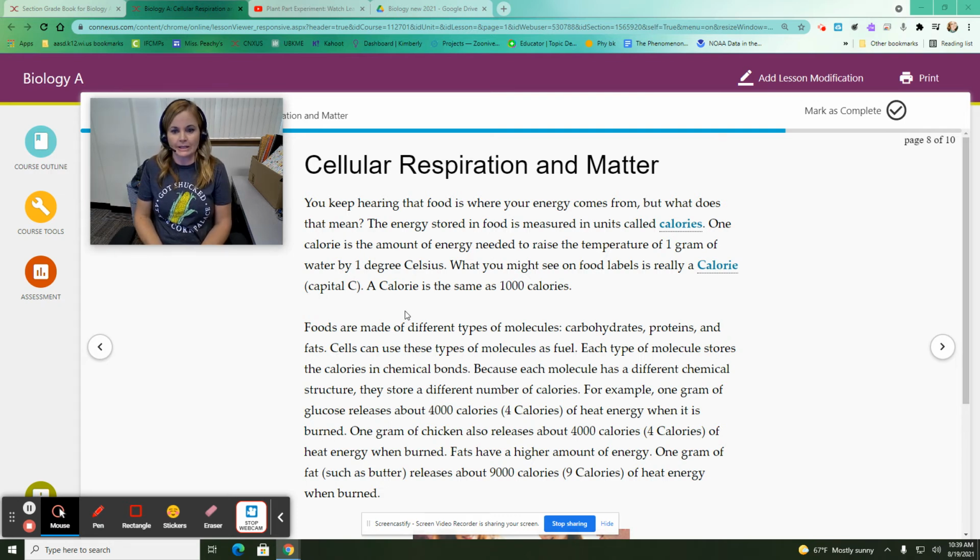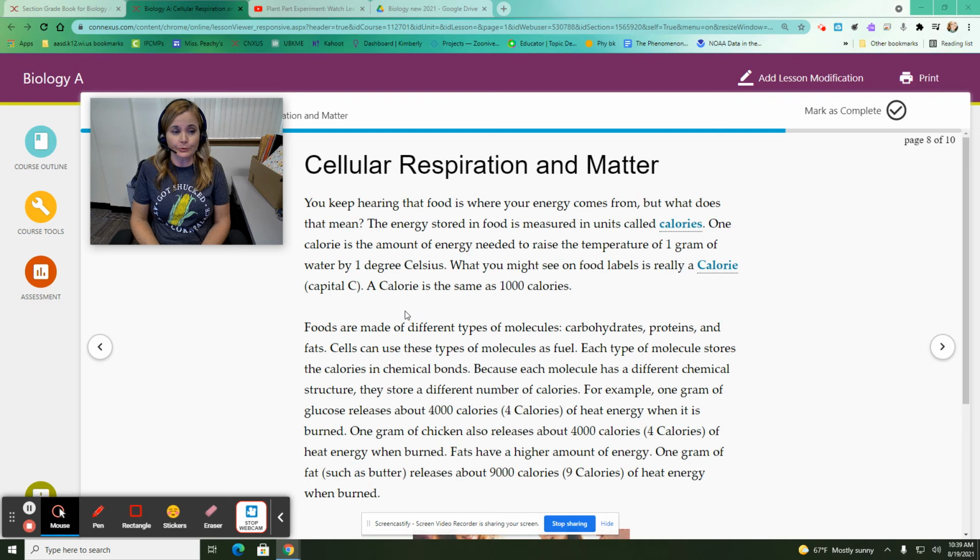That's the amount of energy it would take to raise 1,000 grams of water by a degree Celsius. So if I had a kilogram of water and wanted to raise it by 1 degree Celsius, that would be 1 kilocalorie or 1 capital C calorie.